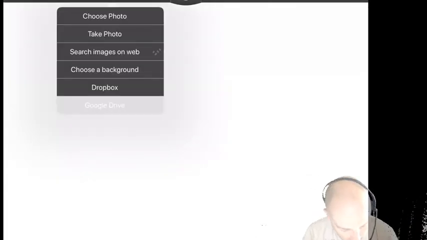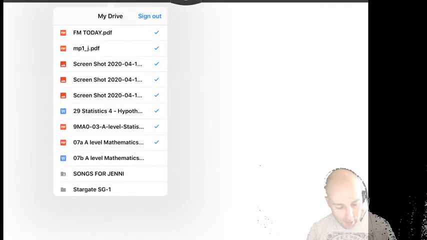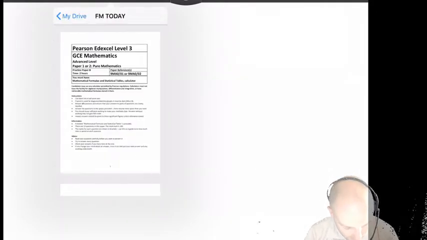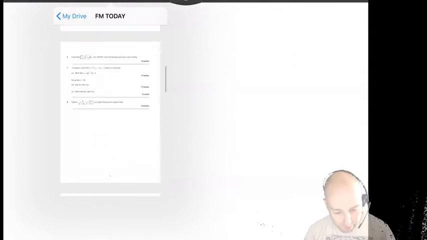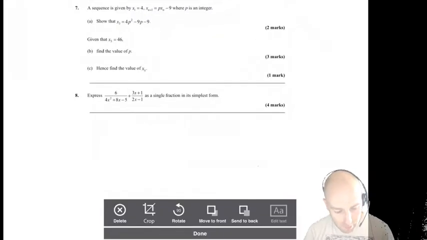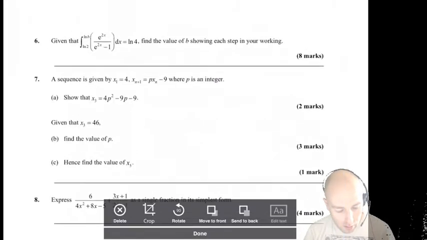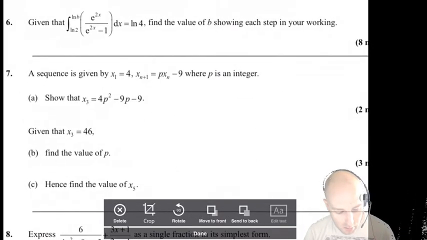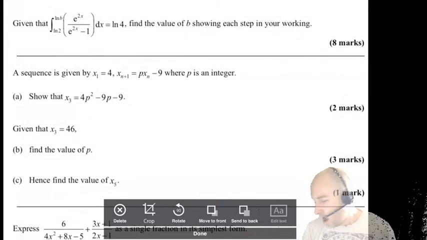Can't remember quite where I saved this paper. There. Okay. Oh, okay then.